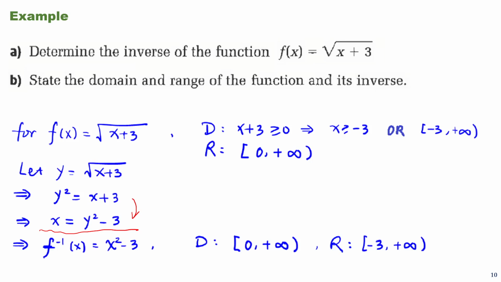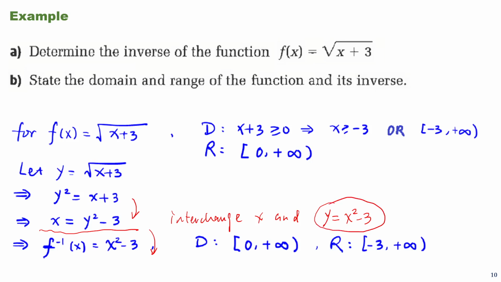But usually, we'll use y to denote the dependent variable and use x to denote the independent variable, right? So from this step to this step, usually we'll interchange x and y. If we interchange the position of x and y, we get y equals x squared minus 3. This is the inverse function, right?